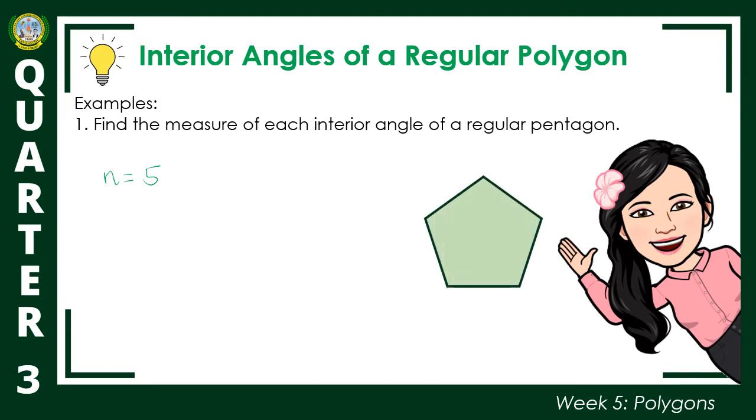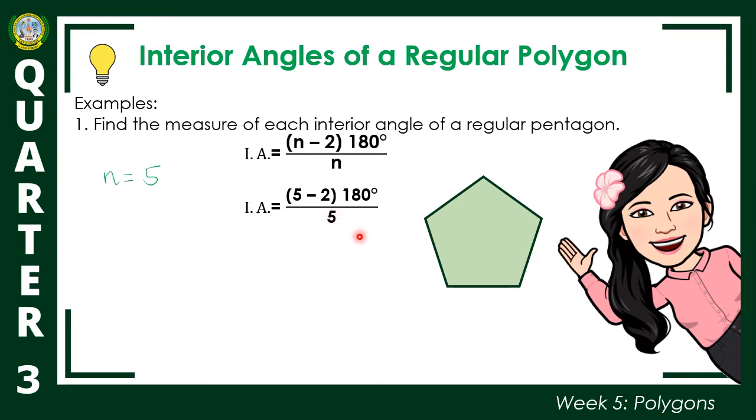Okay? So, yan po yung itsura po ng ating regular pentagon. Using the formula which I presented earlier, substitute lang po natin yung 5 dun sa mga n. Okay? So, magiging po 5 minus 2 times 180 degrees over 5.